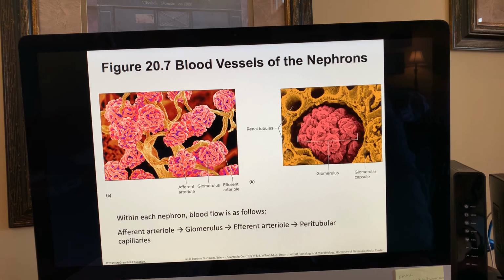The glomeruli, which are at the end of the afferent arterioles, are a dense network of capillaries that are found within a cup-like structure called the glomerular capsule or Bowman's capsule.